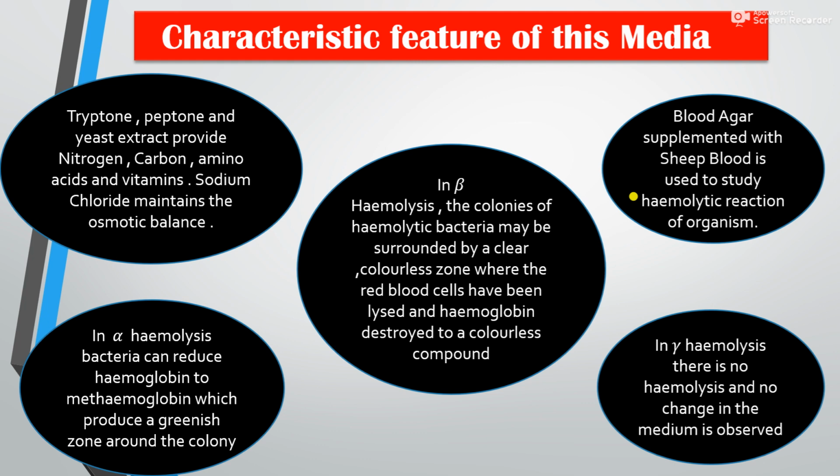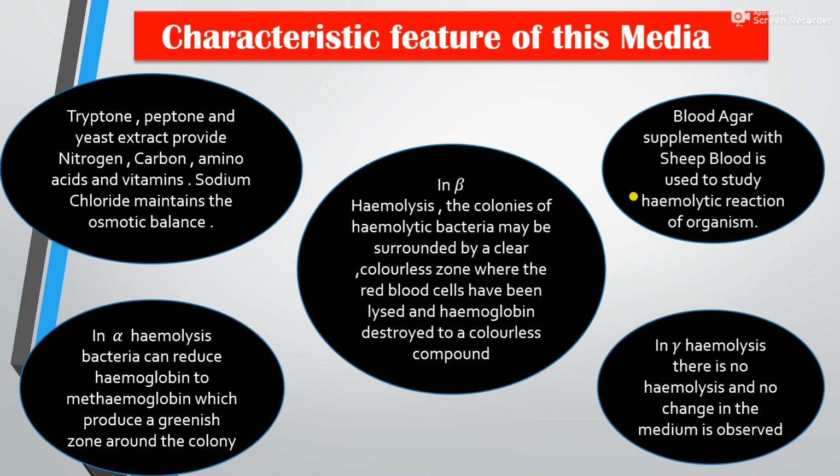In beta hemolysis, it is complete breakdown, no intermediate product is formed, and the hemoglobin is destroyed to a colorless compound. In gamma hemolysis, there is no hemolysis, and no change in the medium is observed.